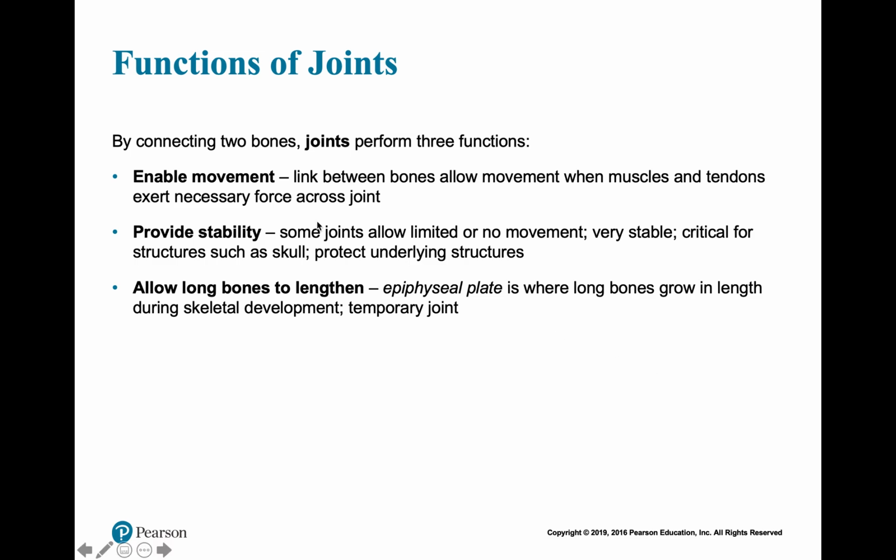The first one, probably the most common, or what you most likely think about when you think of a joint, is the fact that they enable movement. So if you just think of your upper limb, for example, from shoulder all the way down to our fingertips, if it was just one solid bone, we could have skeletal muscles contract all day long, but we wouldn't be able to have all of those movements of our upper limb unless we had connections or joints between individual bones, right?